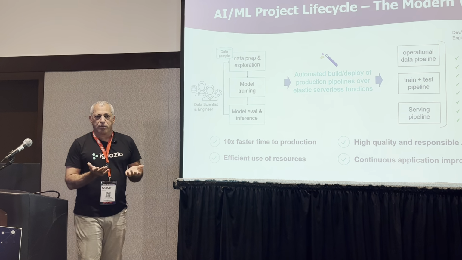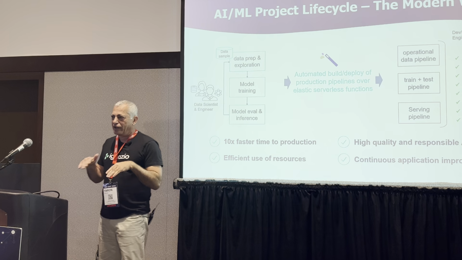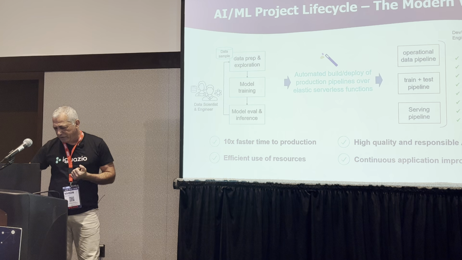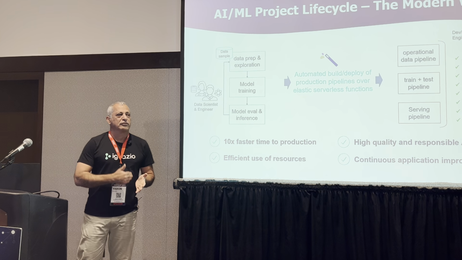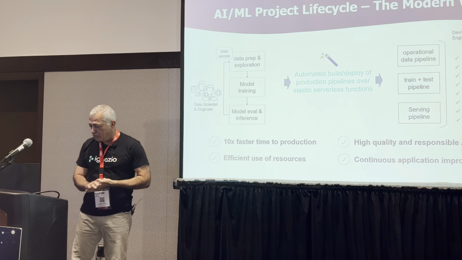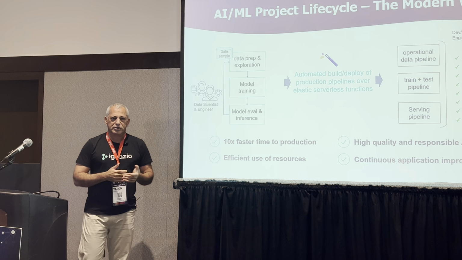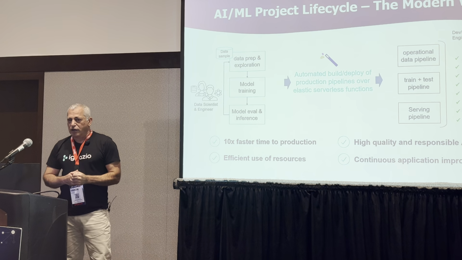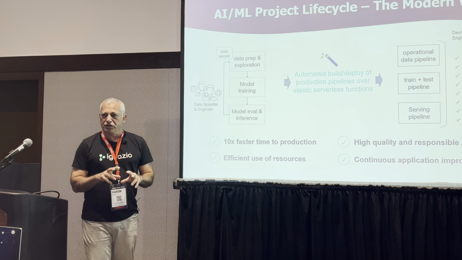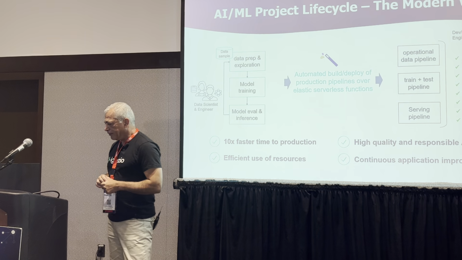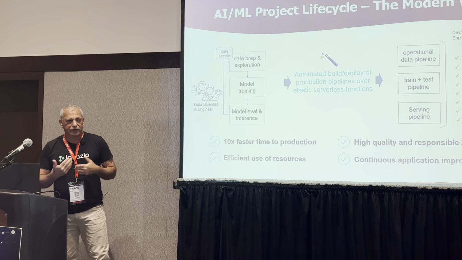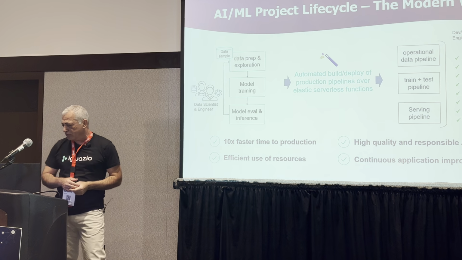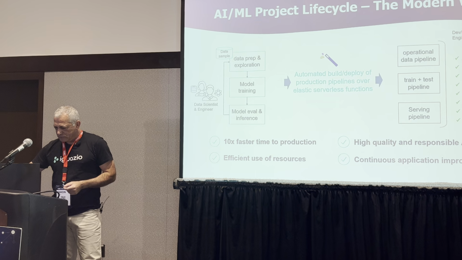So applying auto scaling and auto monitoring, and everything should be automated, so users don't need to spend a lot of engineering, and this allows you to essentially rapidly deploy projects into production, build sort of a factory line, much better use of resources because of elasticity built into the solutions, much higher quality because of the auto instrumentation and monitoring and tracking of everything, and also continuous deployment. So if you make a change here, it's much easier to go and create a new version of your solution.